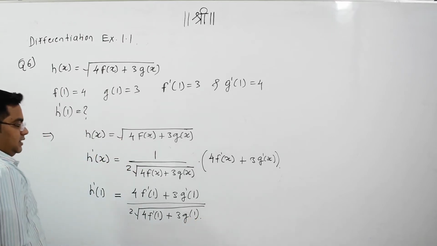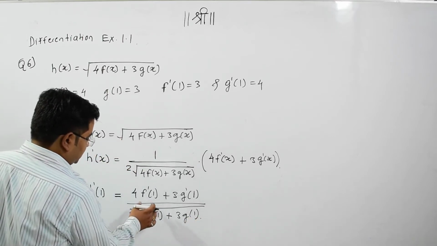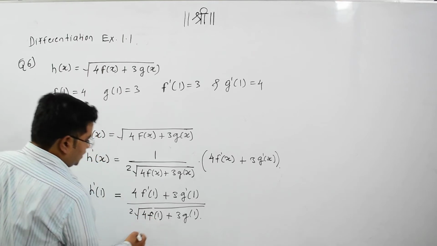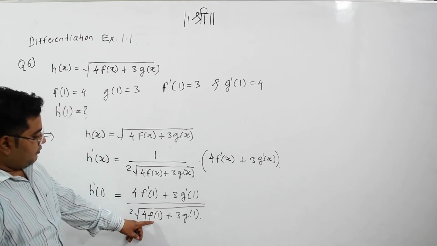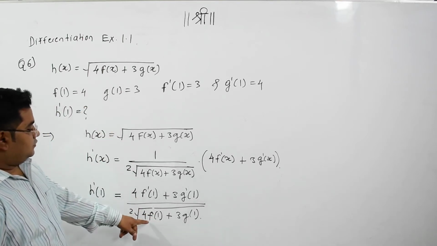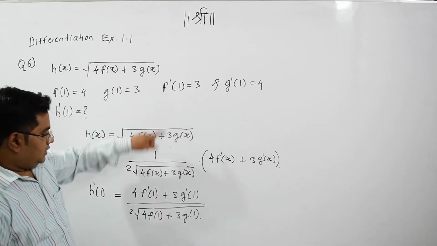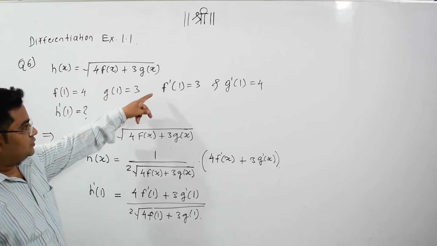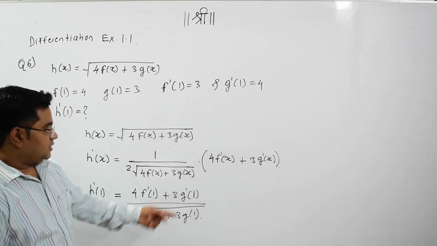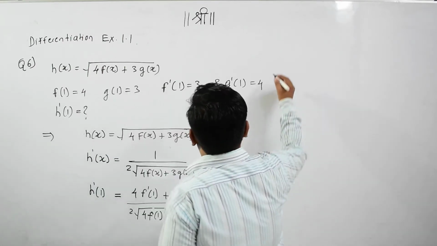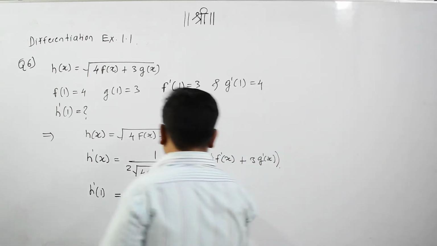That's it, nothing else. Sorry, this was f dash, no, this is f of 1. Now here you can see what is the value of f of 1, substitute 4. What is the value of g of 1, substitute it. Again most important, f dash of 1 is also known, g dash of 1 is also known. Substituting these values, we will simply have this value like this.